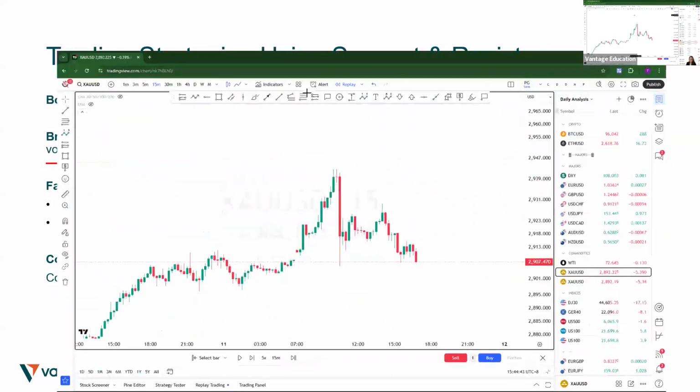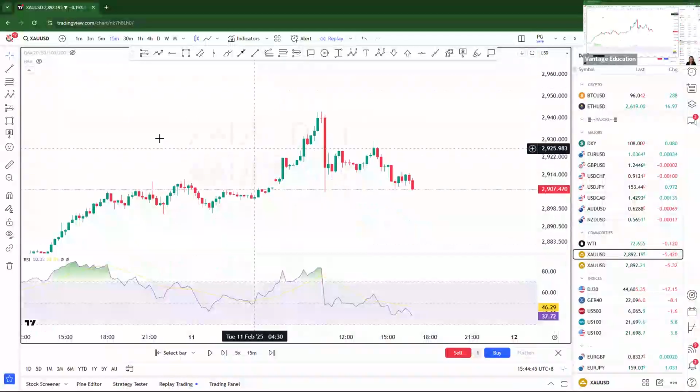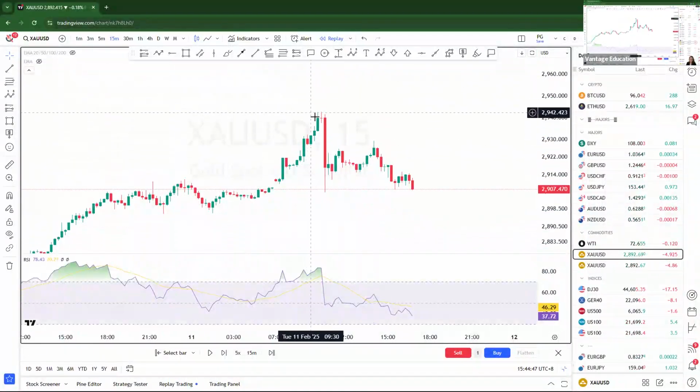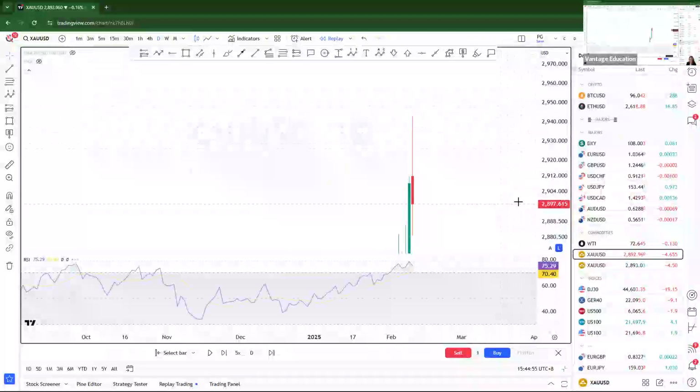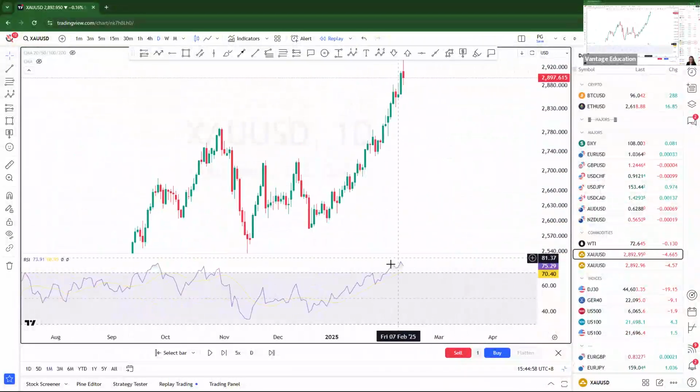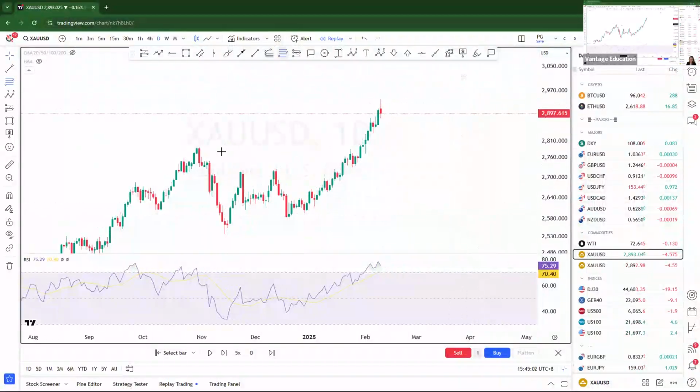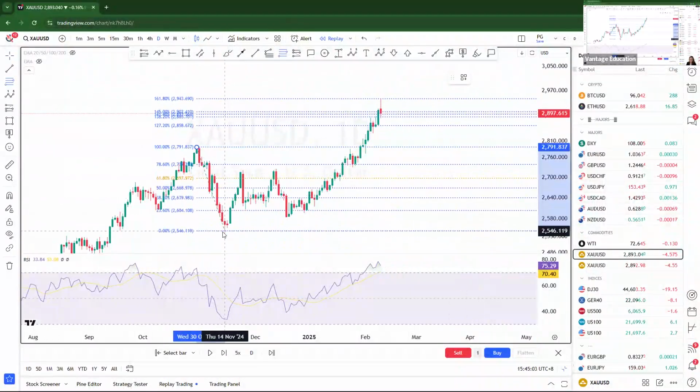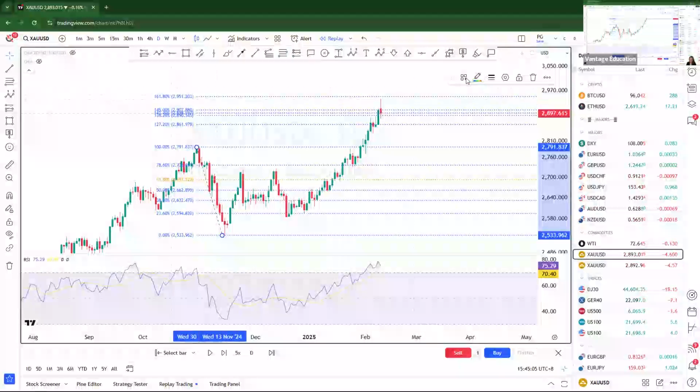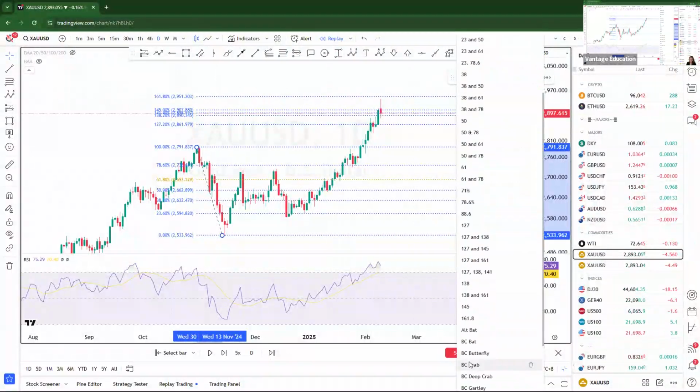For example, over here, you pull out the RSI, right? Here you will see that this is already overbought based on the M15. And this level, which I just showed you, is also overbought. You can see it's really been overbought for so long on the daily time frame, and it's almost touching our 161.8.